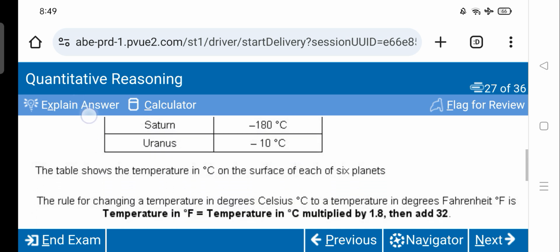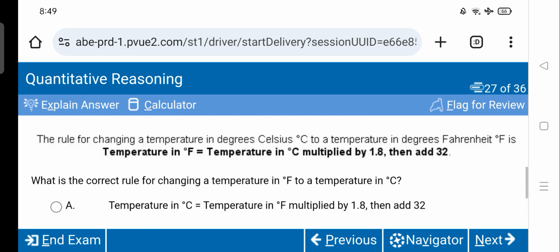Next question we have, with the same information: what is the correct rule for changing a temperature in Fahrenheit degrees to a temperature in degrees Celsius?